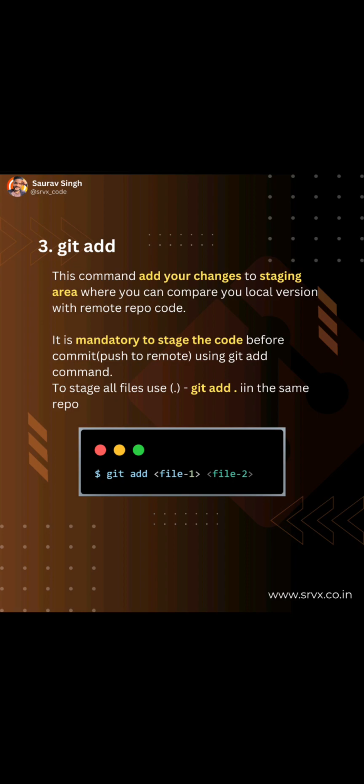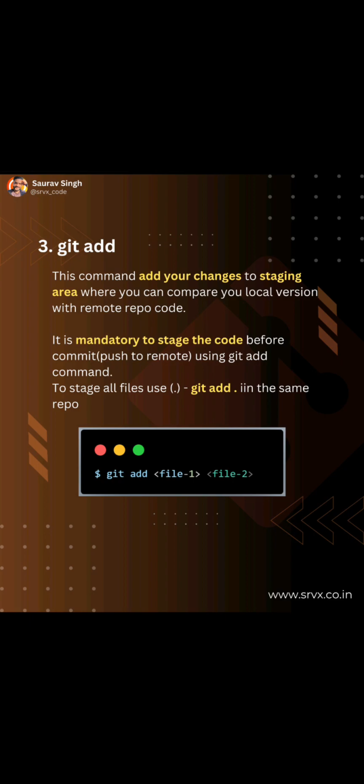It is mandatory to stage the code before commit using the git add command. So before you use git commit, you have to add your files. Your code is staged by using the git add command, right?